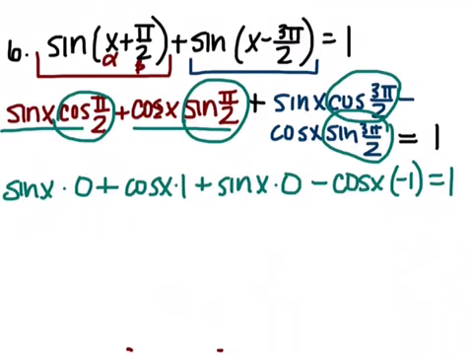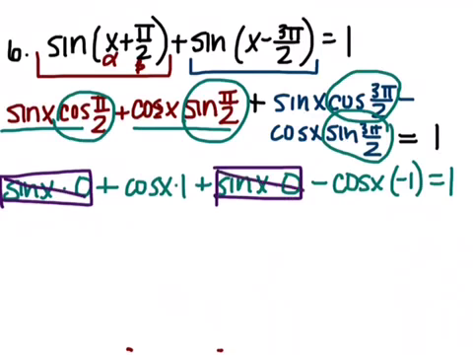All right, let's look at what we have here. We have some things we can get rid of now. Sine of x times 0 is 0, and so is this one. I have cosine of x times 1 is cosine of x.